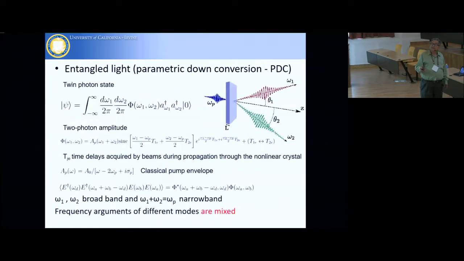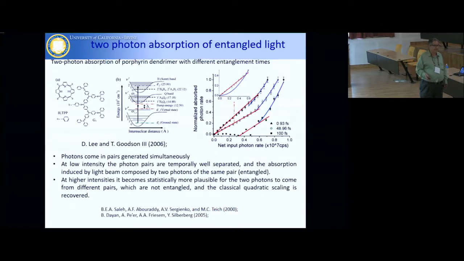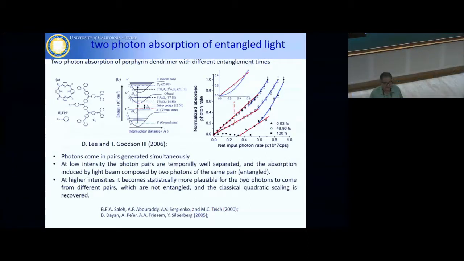Okay, and then you can do it also in the frequency domain, and you write these correlation functions in this way. So that's totally equivalent. Okay, so what do we have different with quantum light compared to classical light?